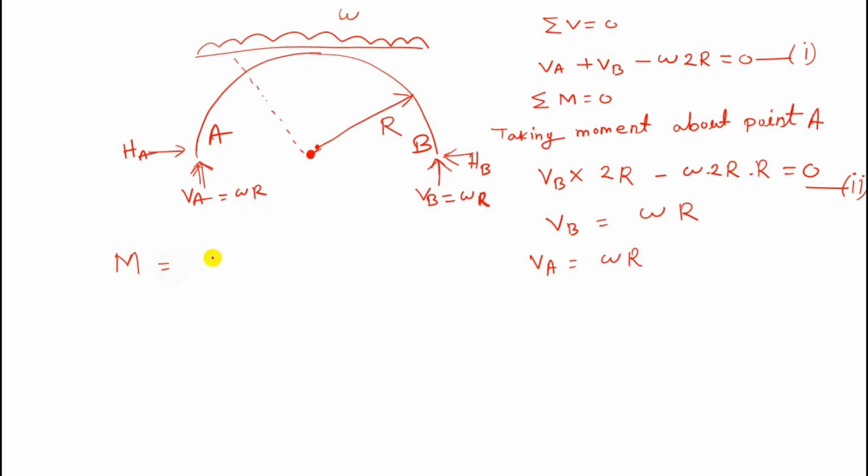The moment will be force VA, that is WR, into this distance, that is R minus R cos theta, or R into 1 minus cos theta.